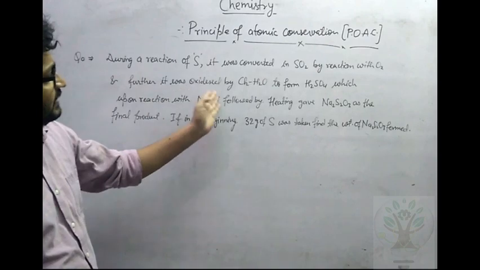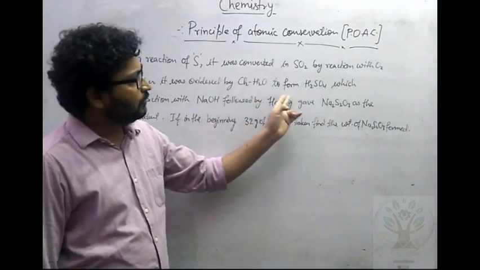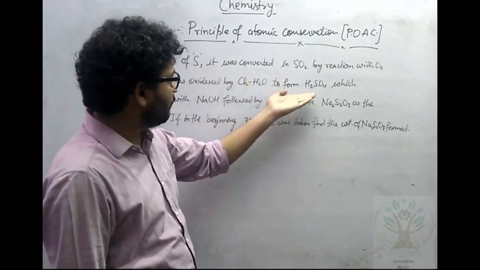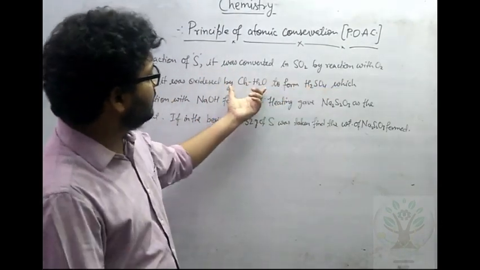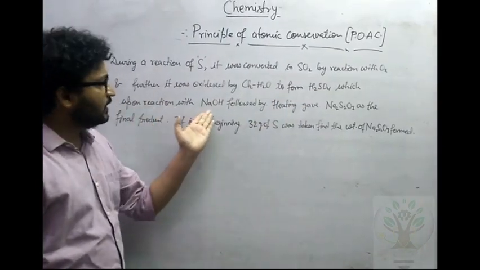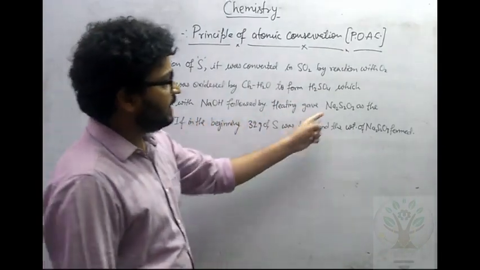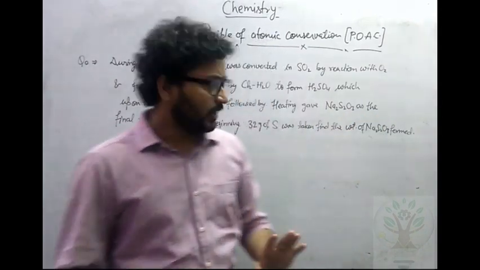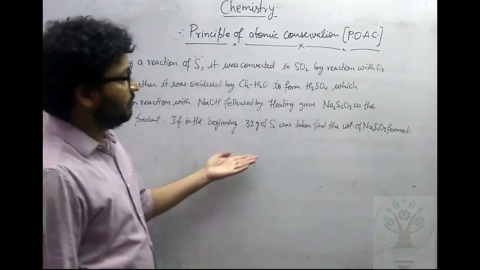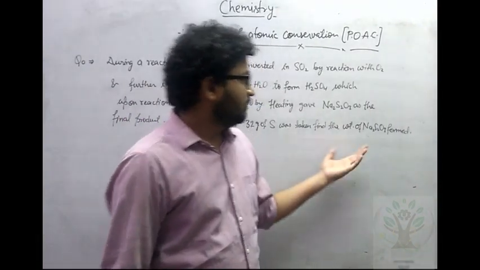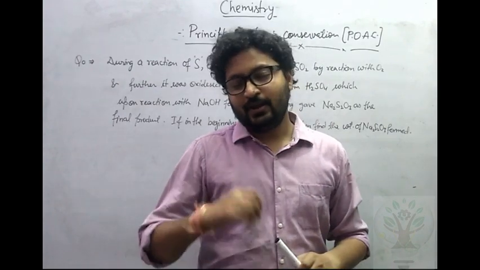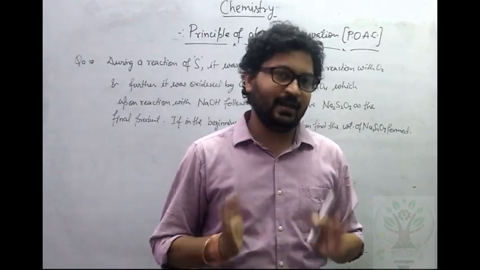Now further it was oxidized by Cl2 water to form H2SO4, which upon reaction with NaOH followed by heating gave Na2S2O3 as the final product. They are saying if in the beginning we had 32 gram of sulfur, then find the weight of Na2S2O3 formed.